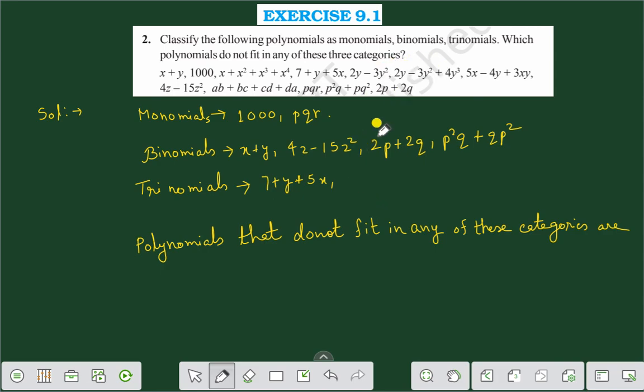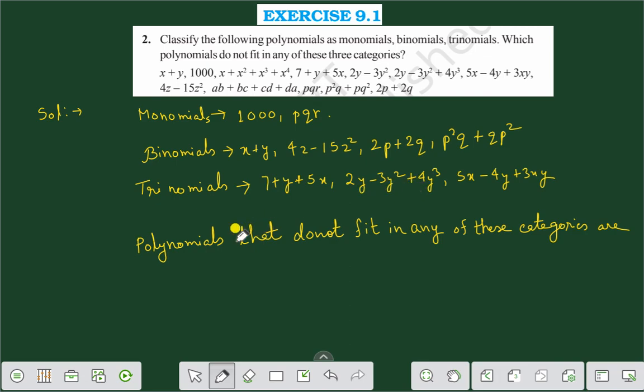This one, 2y minus 3y square plus 4y cube, is another trinomial. Let us find another, that is 5x minus 4y plus 3xy. This is also another trinomial. So 1, 2, 3 trinomials are there.